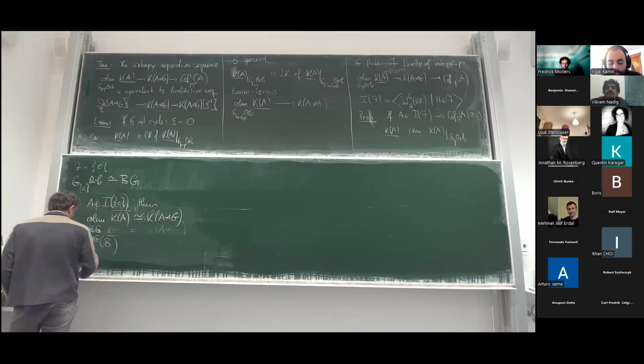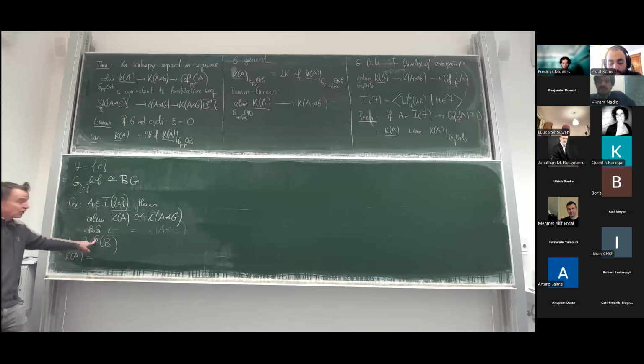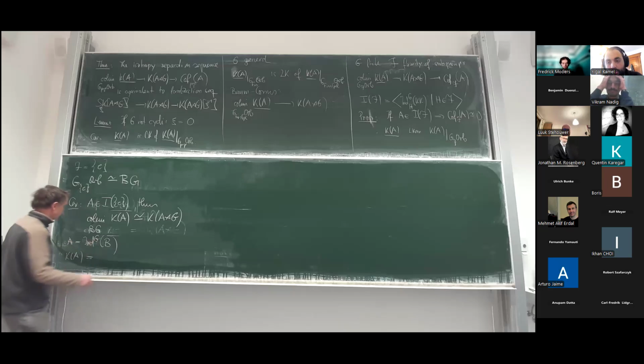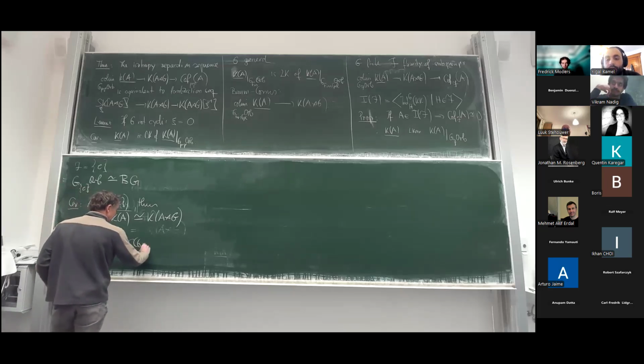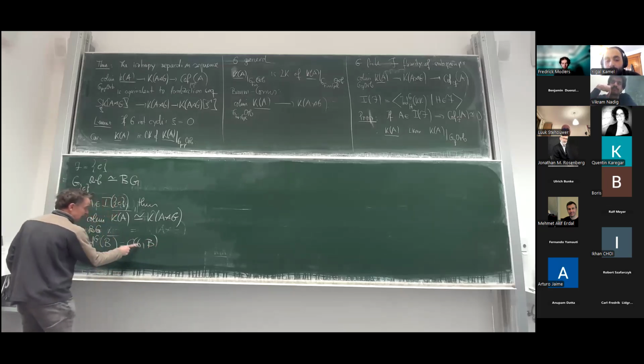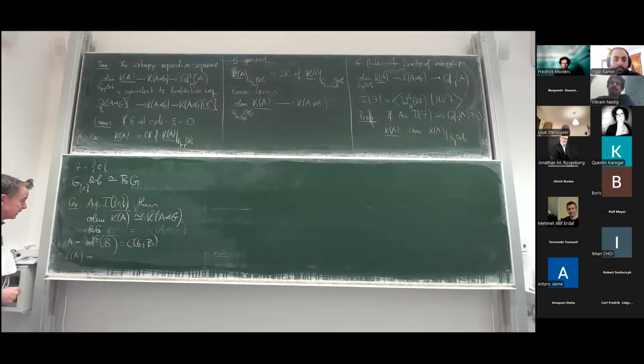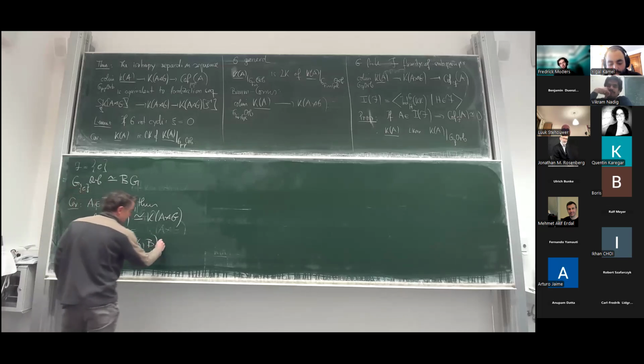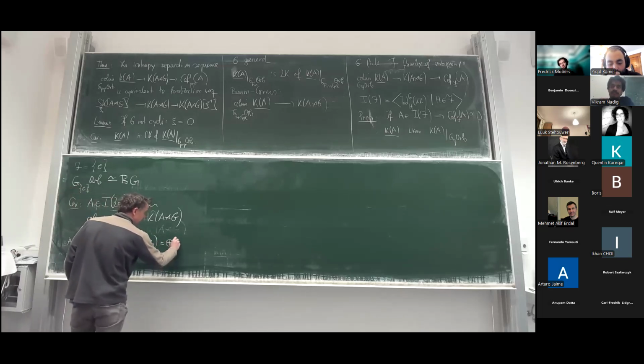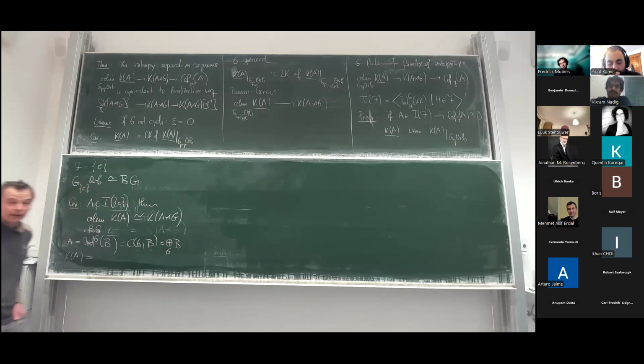If we calculate K of A, this induction is the algebra of functions on G with values in B. Essentially this is C(G, B) with the G action by left translations. In other words, this is the sum over G of B. Everything is finite here, since G is finite.